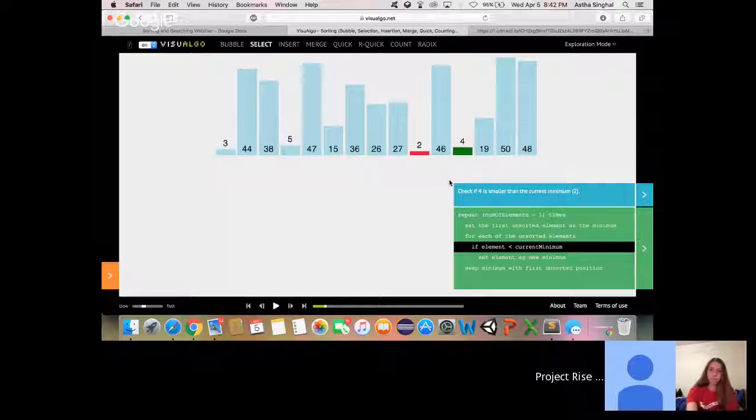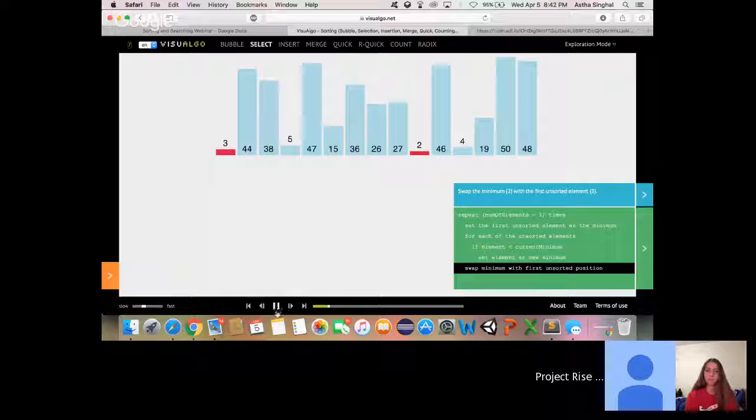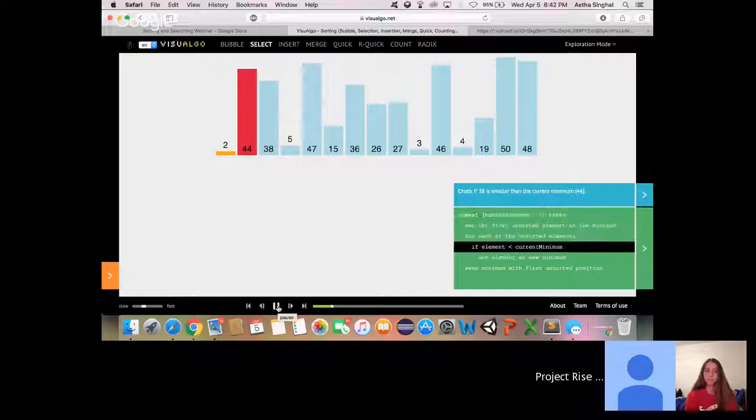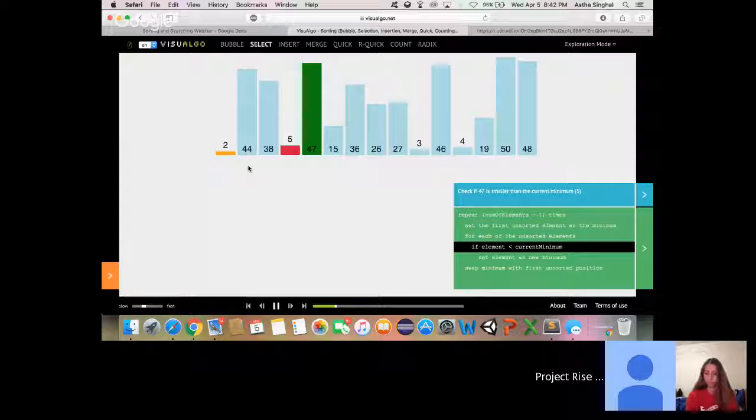It's noting in pink what it finds to be the current smallest element. And then it's swapping them. Now it's going to do it again to find the smallest element from 44 to 48, so from the first index all the way up until the end.